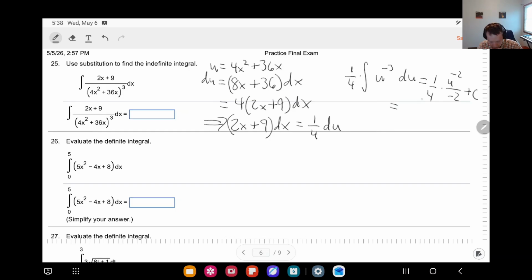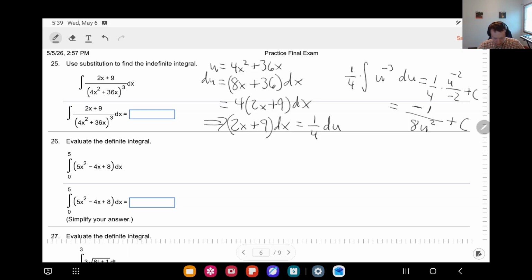So that simplifies to, I'm just going to put the negative up here because I can. And I'm going to move this u down since it's a negative exponent. So that'll be a u squared down here. And still have 4 times 2, 8. So I'm just making it look a little nicer.